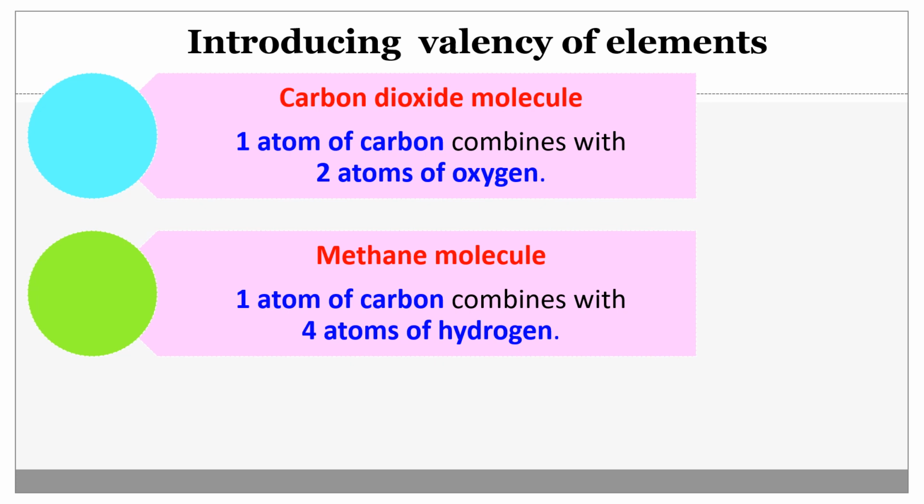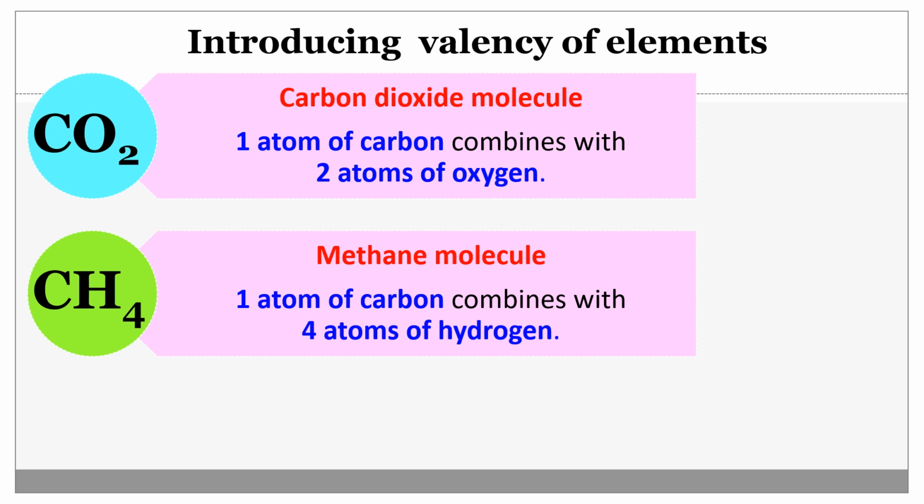Let us now learn about the valency of elements. To start with, consider the 2 examples given on the screen. As you can see, in one carbon dioxide molecule, one atom of carbon combines with 2 atoms of oxygen.